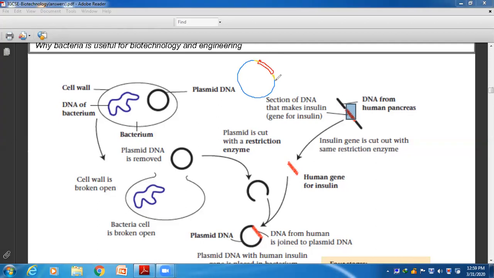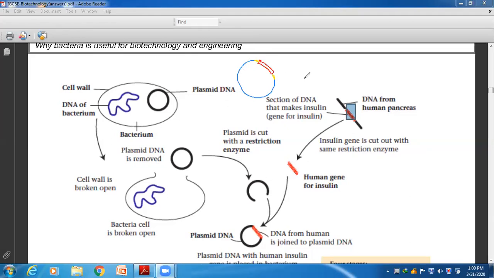So the work of ligase enzyme is to make phosphodiester linkage between the gene of interest and our plasmid, right? In a simple way I will tell you, it acts as a glue that combines the gene of interest with the plasmid. Is it clear now? If it's clear, give me a response.